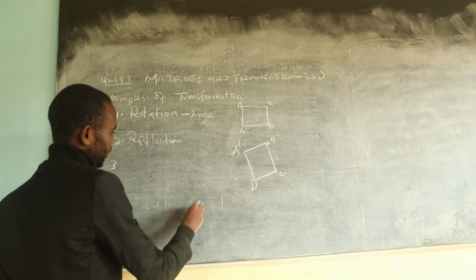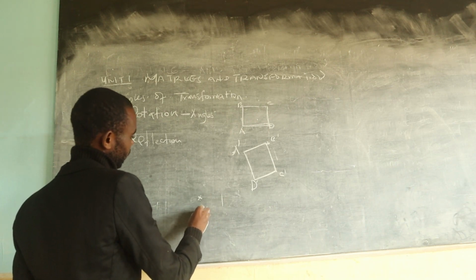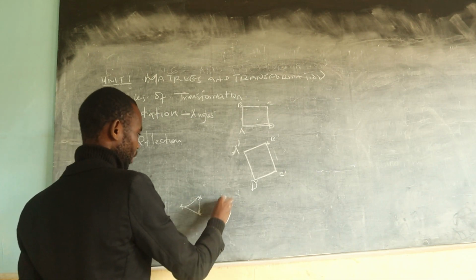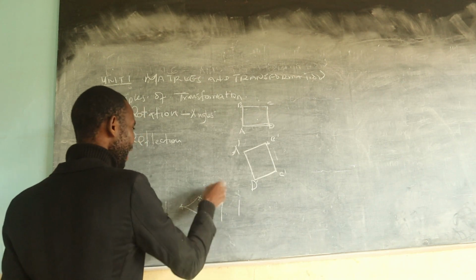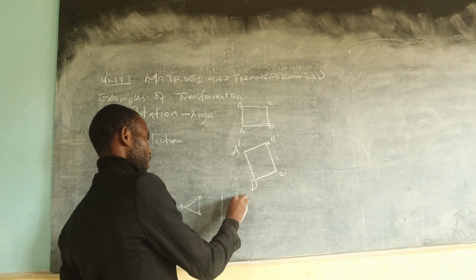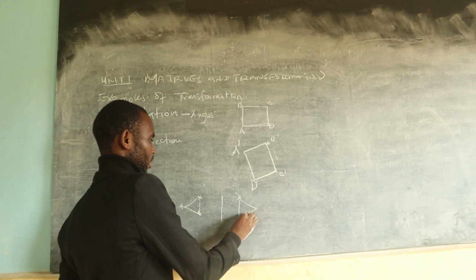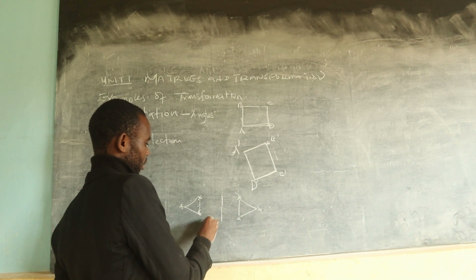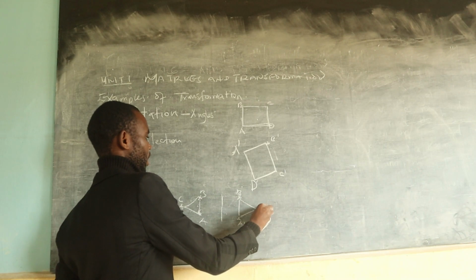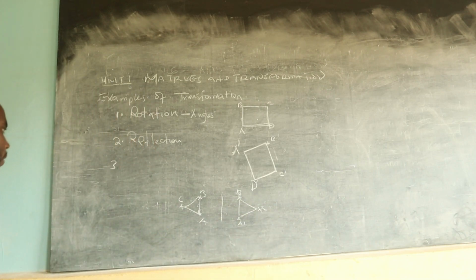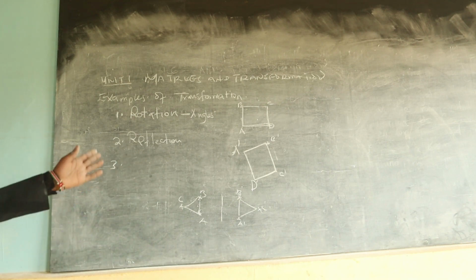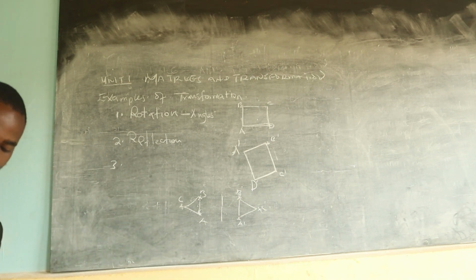If an object is here, this is my object. After it has undergone reflection, I get the same image on the other side. This is A, B, C, so this is my A prime, B prime, and C prime. It will undergo reflection using this mirror.